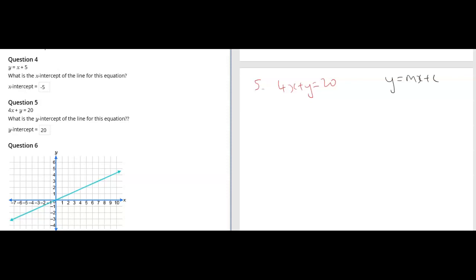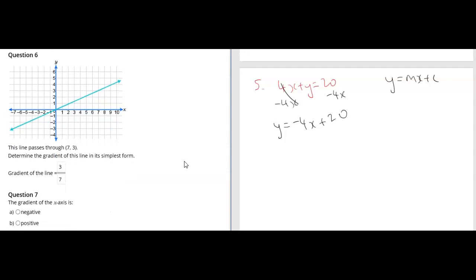At the moment, it's not in that form, so I must rearrange to get it into y equals mx plus c. I can see the 4x here, so I'm going to take away 4x from both sides. That disappears, and then I've got y equals -4x plus 20. Now I can read the gradient and the y-intercept. The y-intercept is 20.